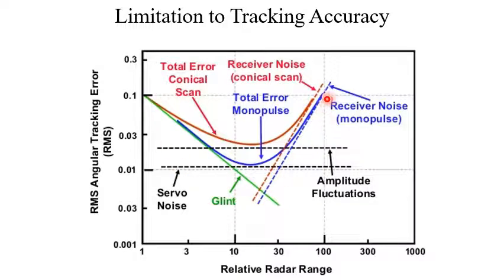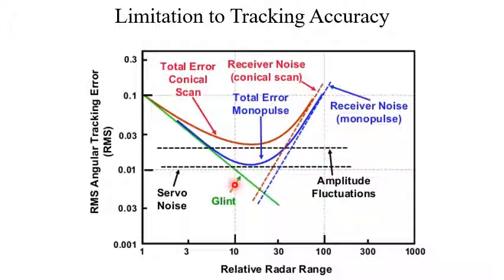Similarly, receiver noise, this blue dotted line: the more the range, the more is the receiver noise. Servo noise is almost independent of the radar range. Similarly, amplitude fluctuations for sequential lobing are also almost constant and independent of the radar range.